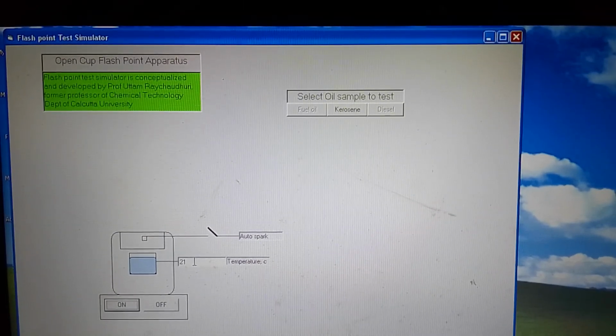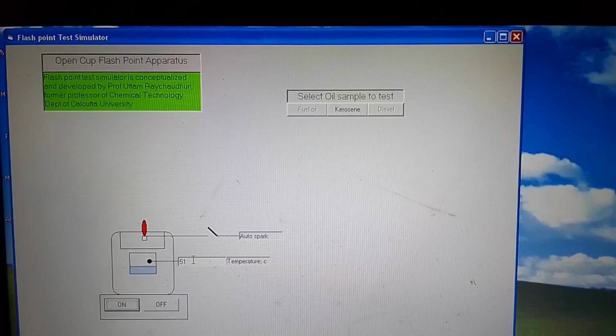Look at this, where the flame is produced. So 36 is the flash point, the first temperature, and then look for the continuous flame. The temperature is 46 around.